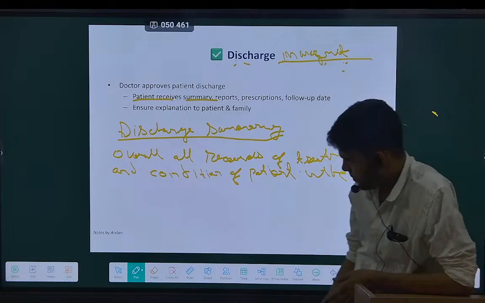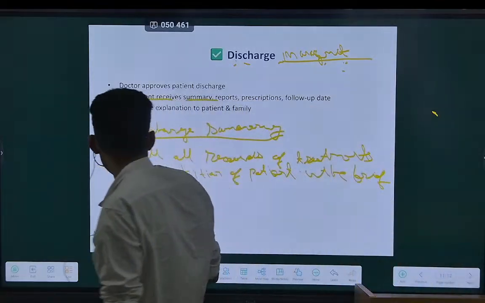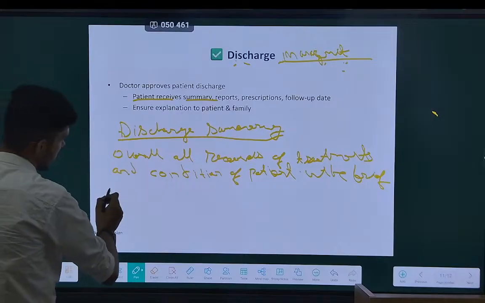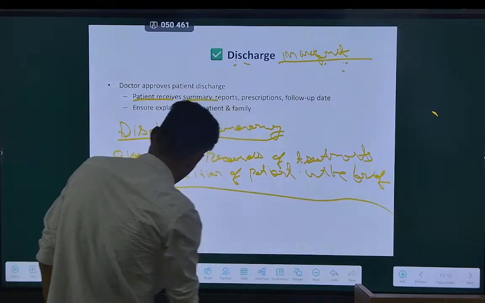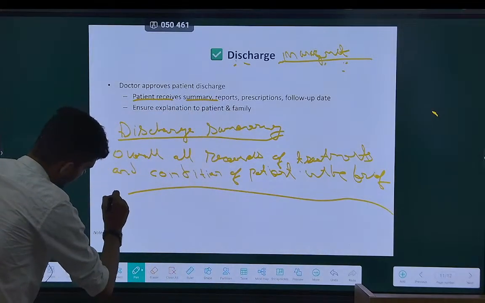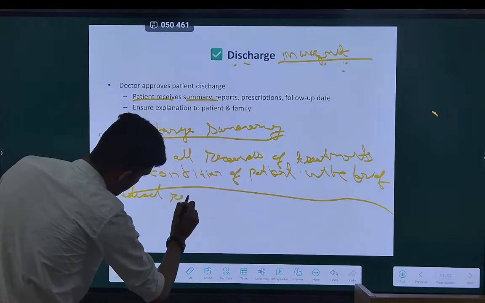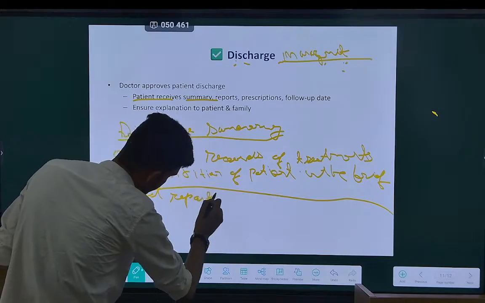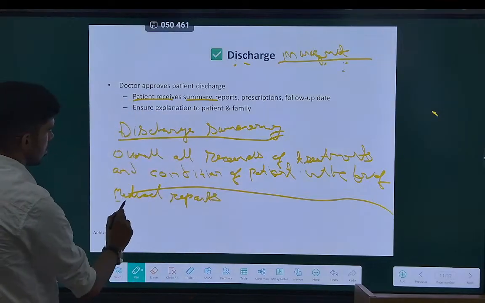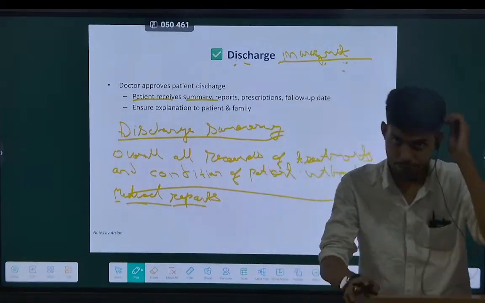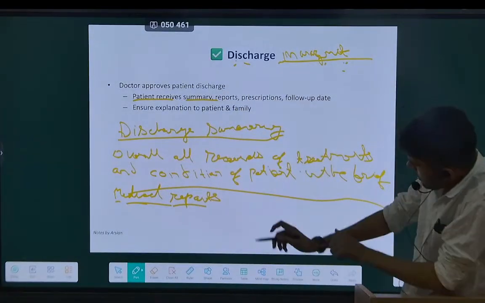What else is there after the summary? There are medical reports. What comes under medical reports?